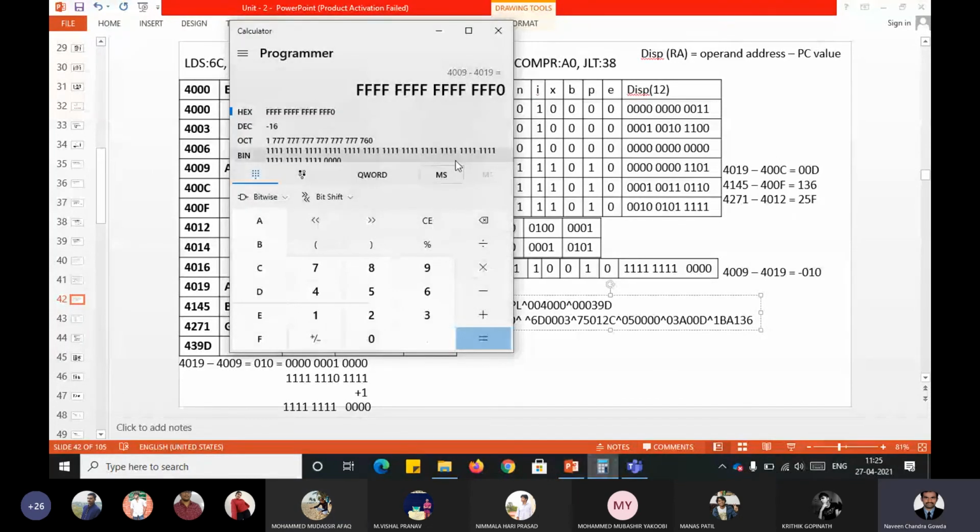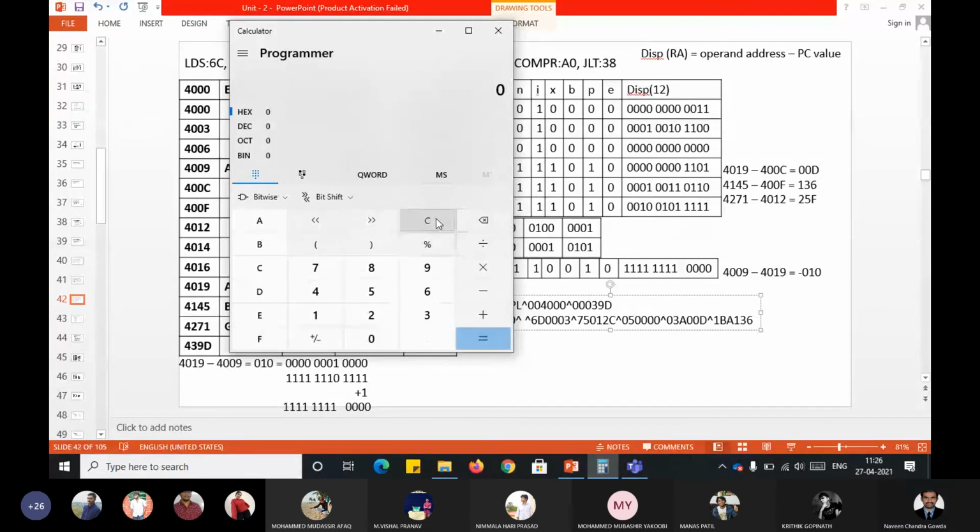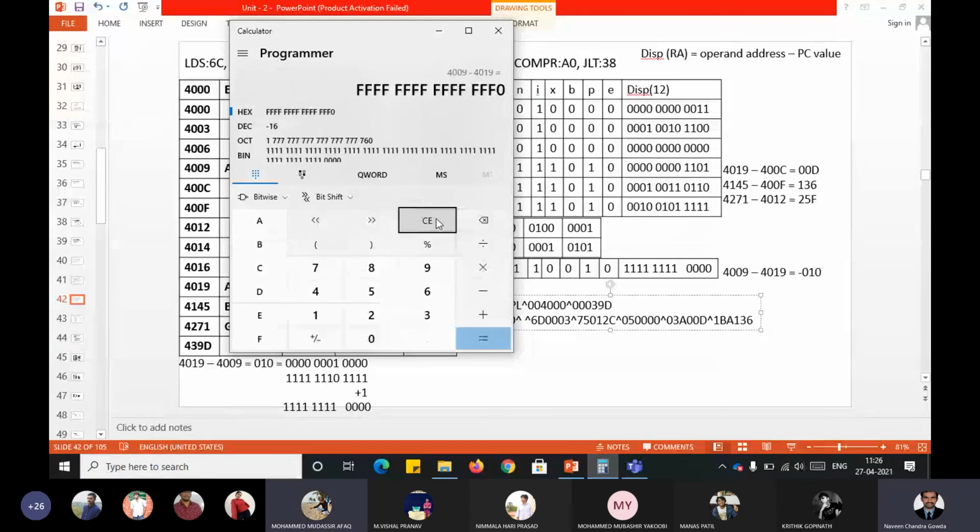Are you working in hexadecimal? Yes, sir, hexadecimal only. Try it once. I hope you can see my screen, right? I am also showing you in the calculator itself: 4009 minus 4019. Yes, sir.